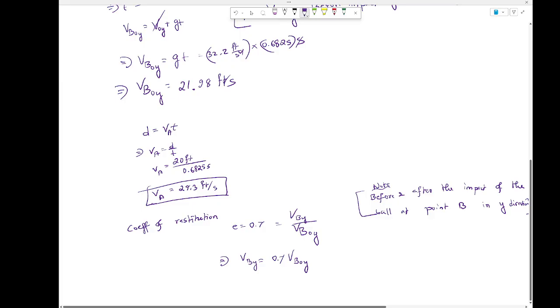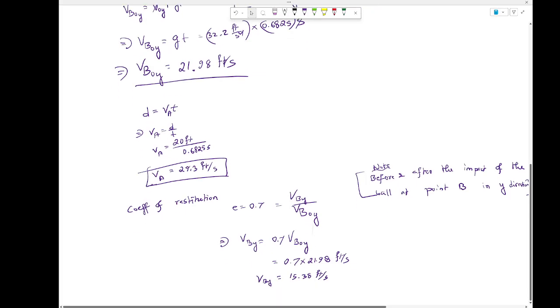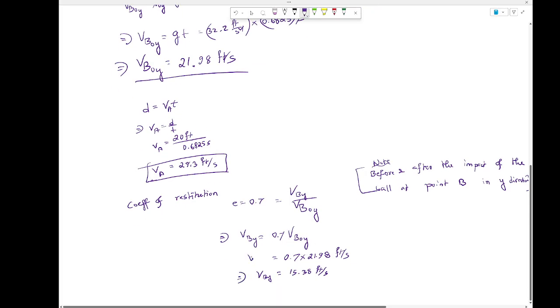So you just simply plug the values of BV0Y, which you did find, like 21.98 feet per second, and this would be 15.38 feet per second. This is BVY.